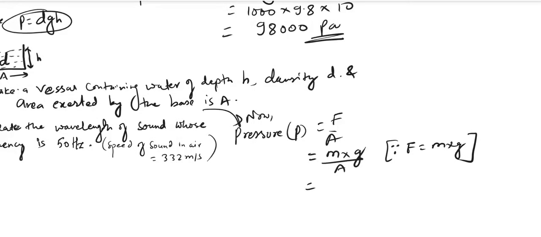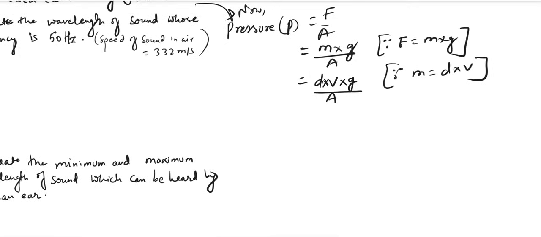And mass is equal to density into volume, so density into volume in place of mass, and gravity and area as they are.